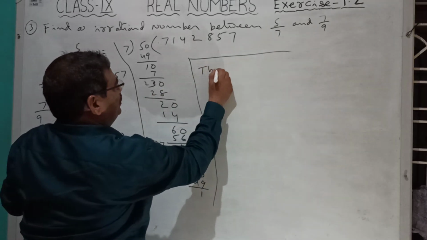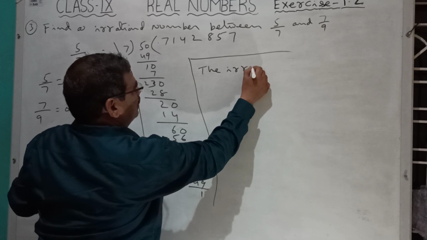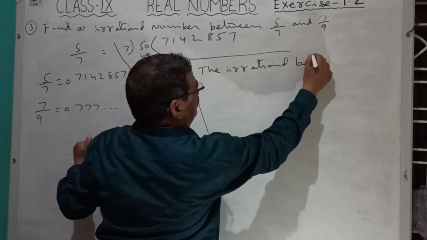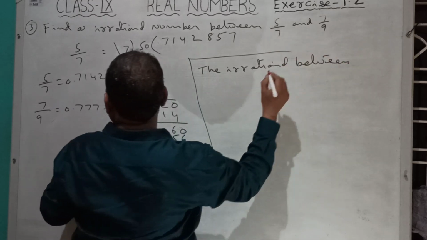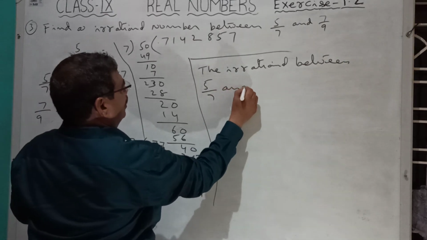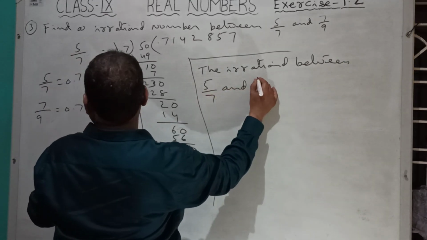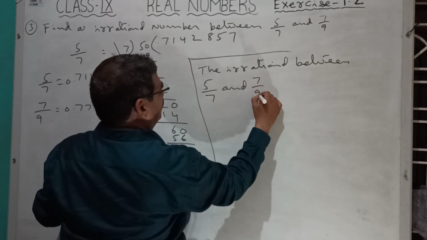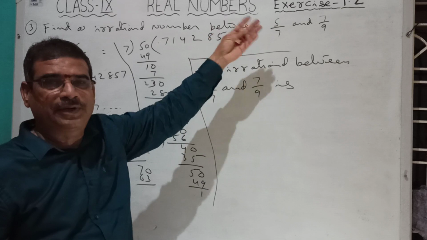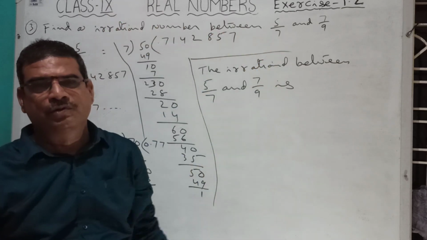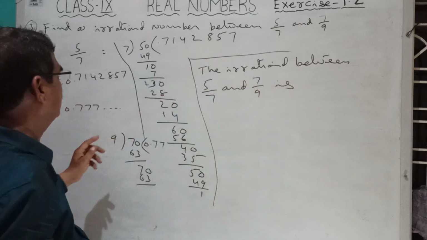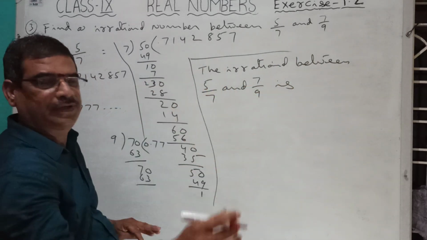So the irrational number between 5 by 7 and 7 by 9 is, we have to say non-repeating number. You can say any number. We can write infinity numbers in between them. So one of number we can write non-repeating, non-terminating.